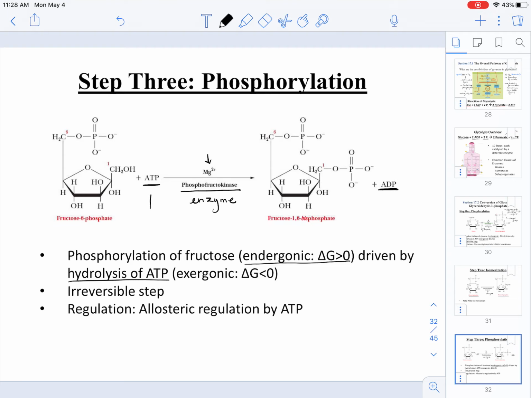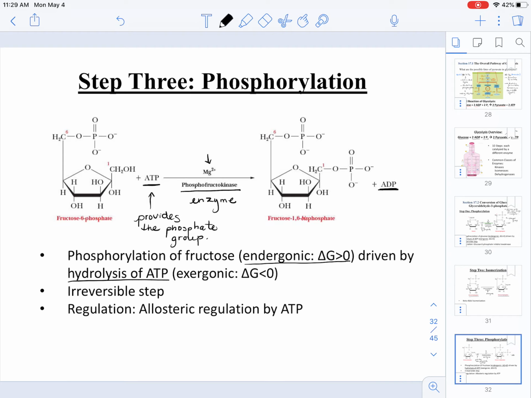Remember that ATP is not only going to be giving the energy to make this reaction happen, but it also provides the phosphate group for the phosphorylation reaction. And the substrate that is being modified here by phosphofructokinase is the conversion of fructose 6-phosphate to fructose 1,6 bisphosphate.